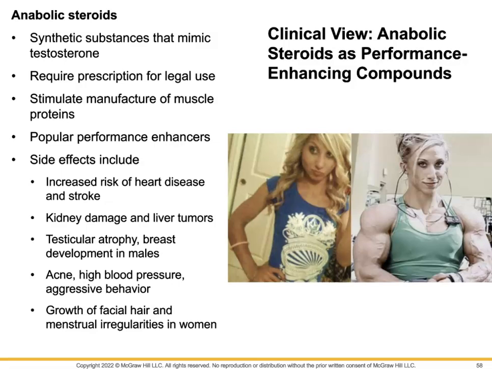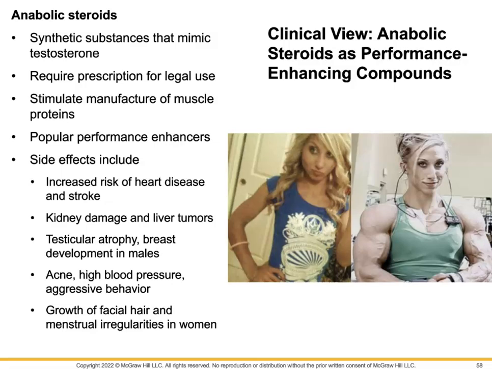However, there are a lot of people that use these for the wrong reasons as performance enhancers to develop excess muscle tissue, such as you see in the image here on your slide. So it's not just men that use anabolic steroids to increase muscle mass, women do as well. Now, what does this lead to?